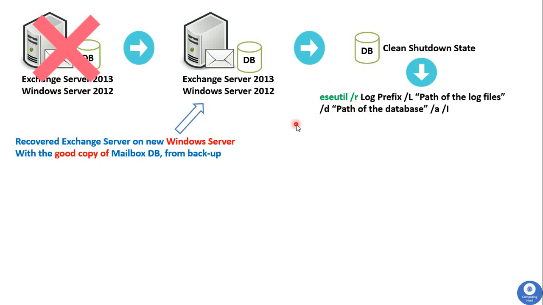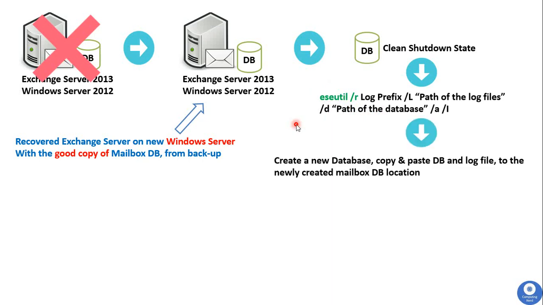Then, after getting the mailbox database into a healthy state, we have to create a blank mailbox database on the same new Action Server, and do not mount that newly created mailbox database. We have to copy and paste the complete EDB and log files from the recovered mailbox database to this newly created mailbox database path.